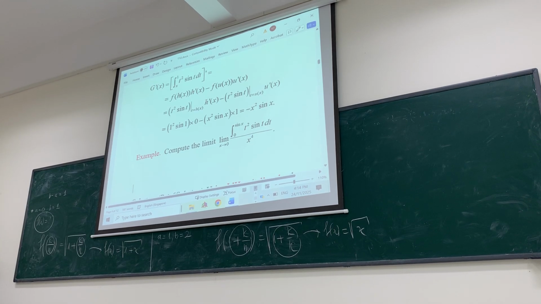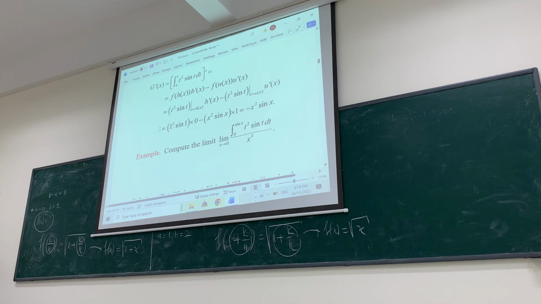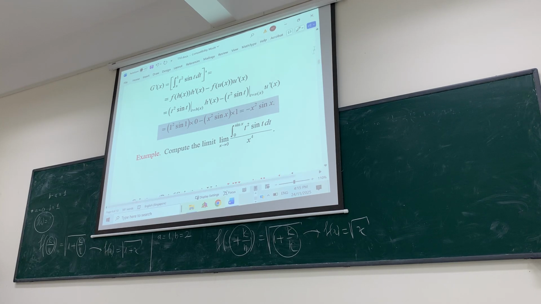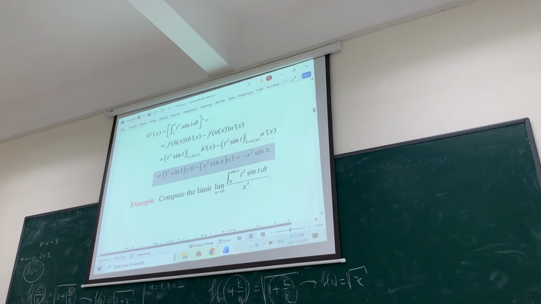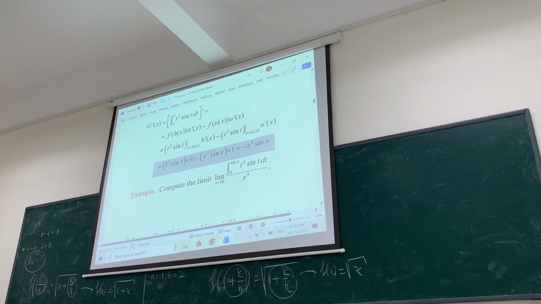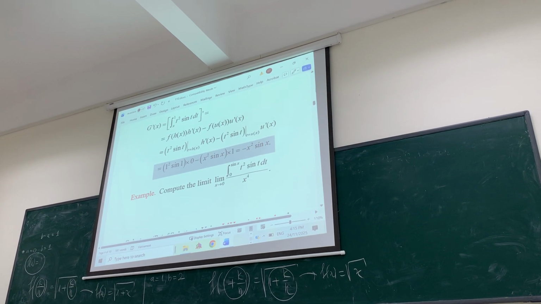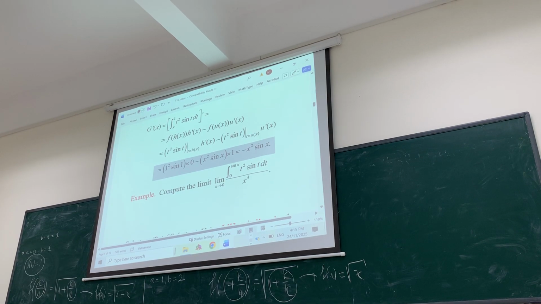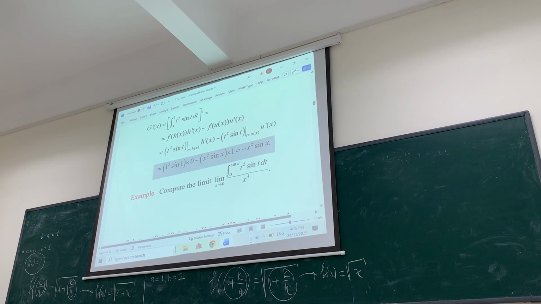When we replace at 1, u equal x, we obtain the final result: Z prime of x is equal to minus x squared times sin x.